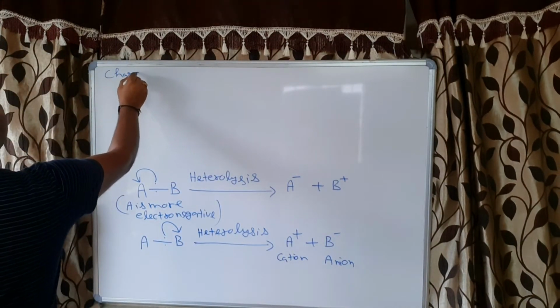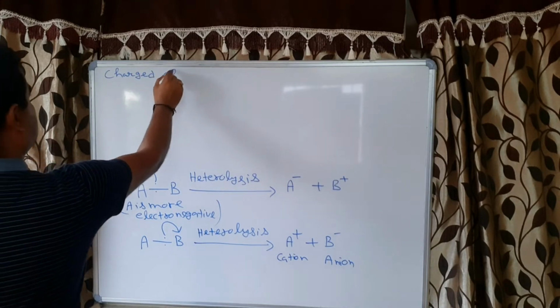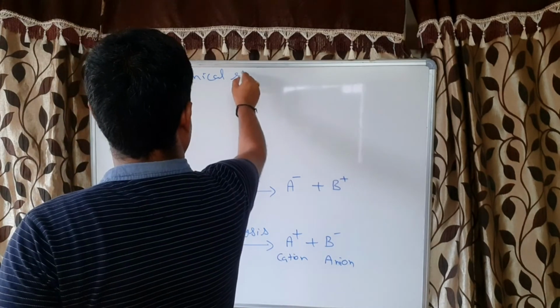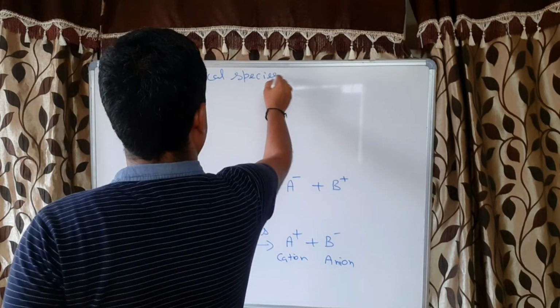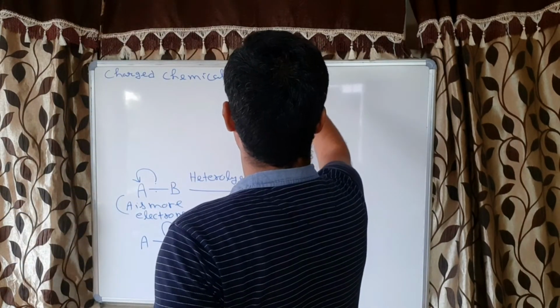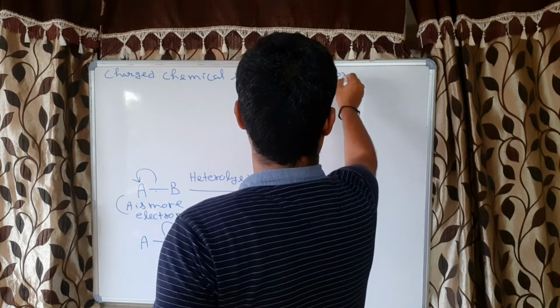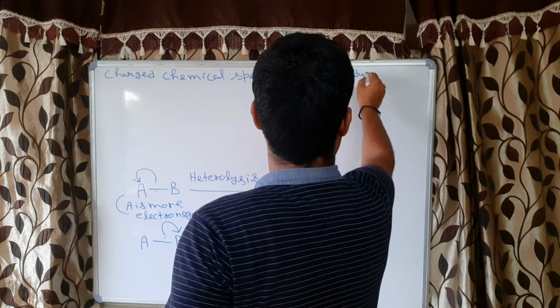So we can write it like this: charged chemical species are the product of heterolytic fission. Correct or not?